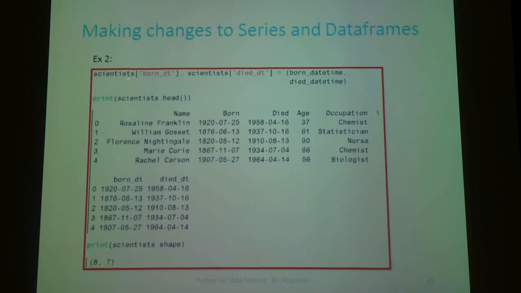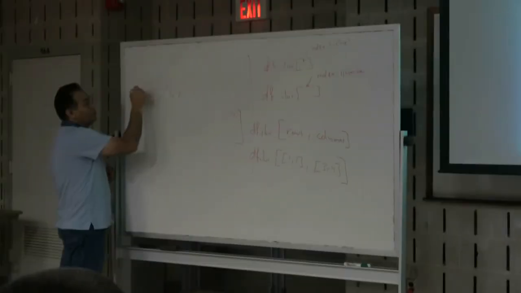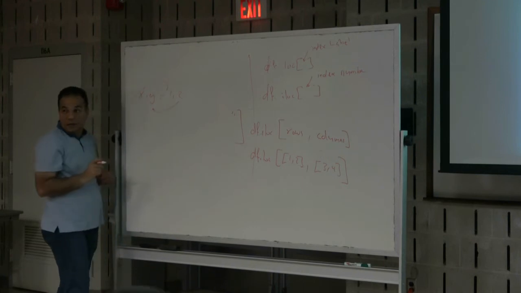Remember in Python we could have multiple assignments, right? We don't see it in different languages. So I could, for example, x comma y equals 1, 2. In Python I could do that. So the 1 goes to x and 2 goes to y.